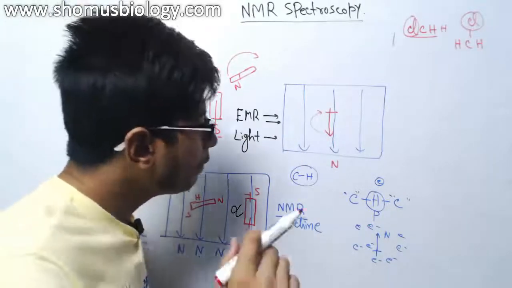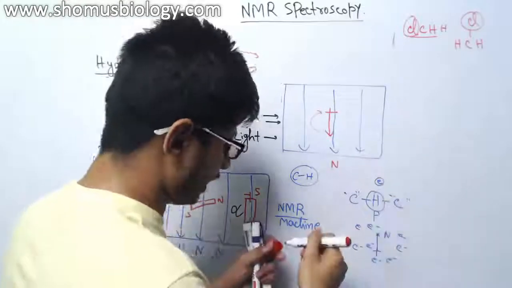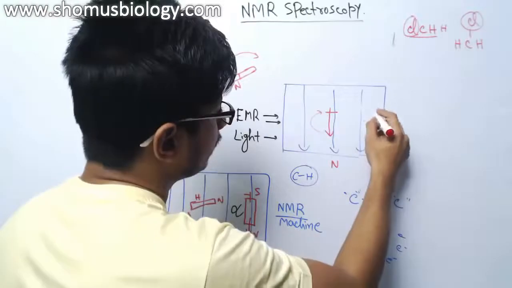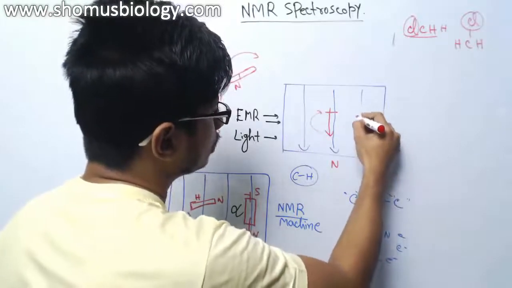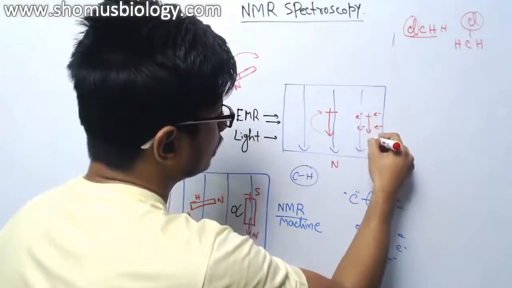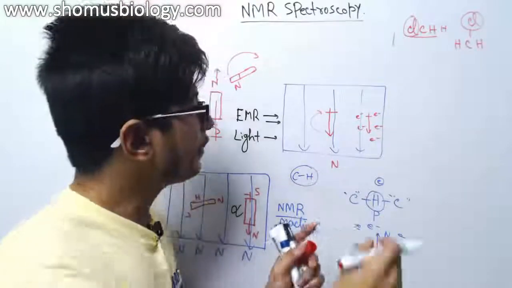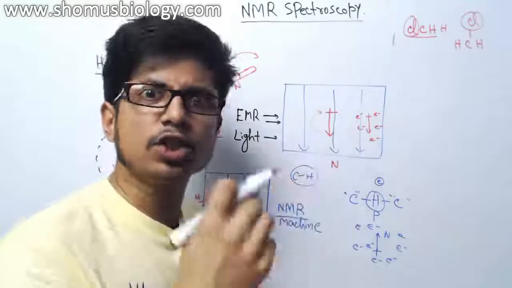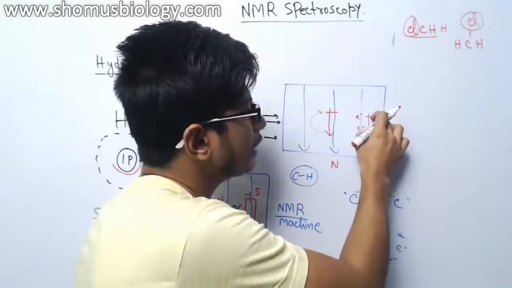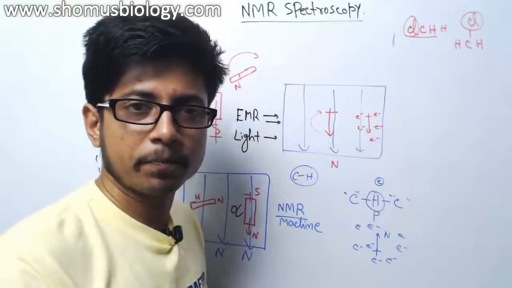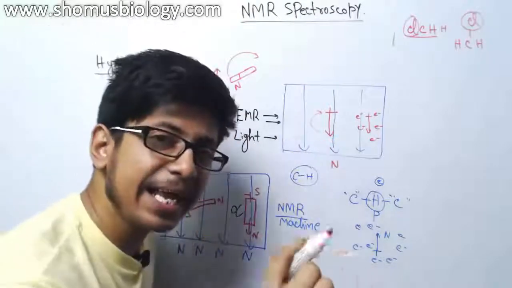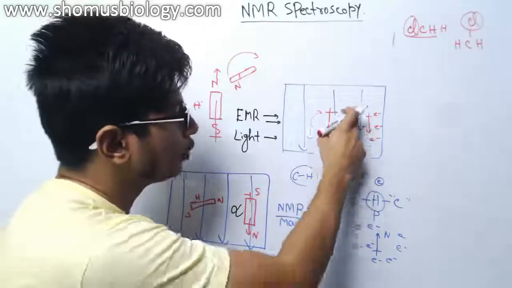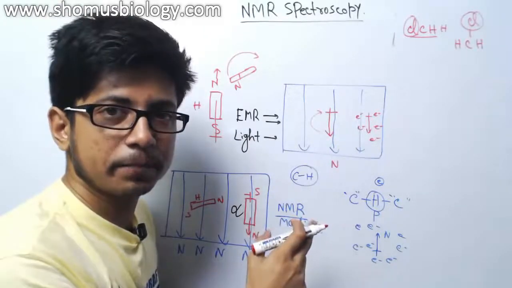Okay, but let's say in this same scenario it is surrounded with electrons. These electrons are masking the effect of the magnetic field. So the effect of the magnetic field is not that high on this hydrogen atom. So we need less energy, as an electromagnetic wave, to put it to the beta spin state.